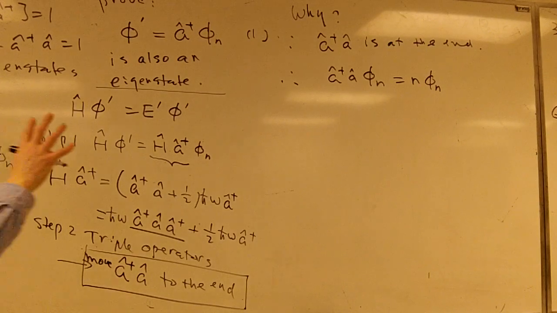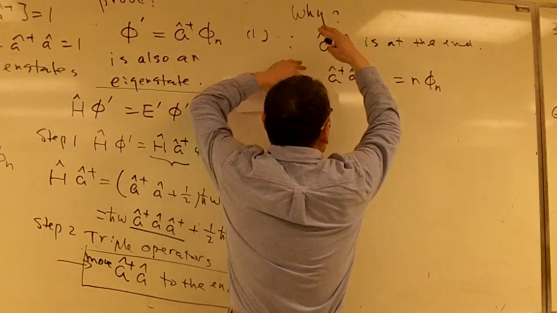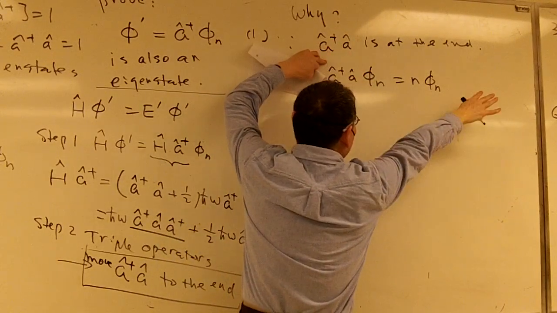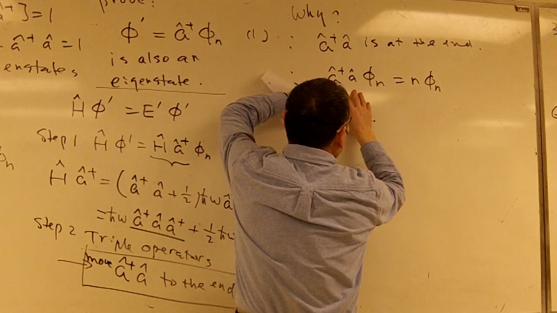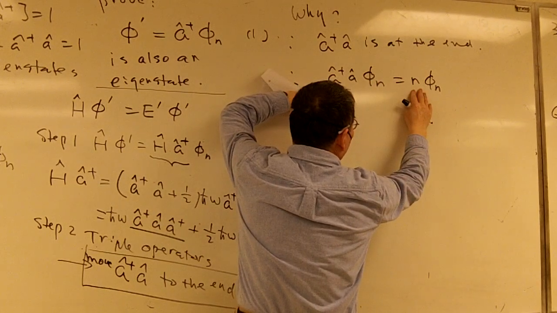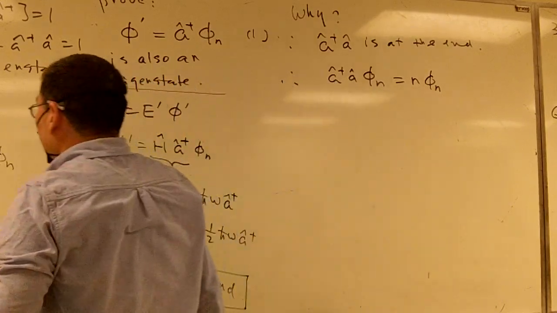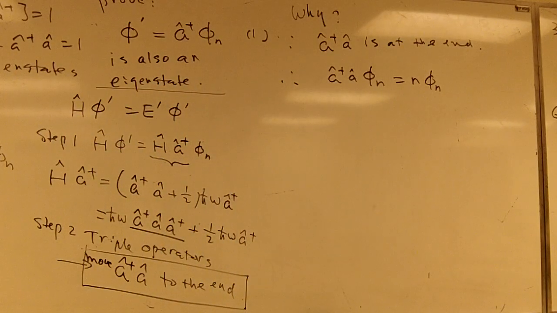Once I move this term to the very end, I can simplify the a dagger a operator to directly become a quantum number times the wave function. So when a dagger a applies to phi sub n, it becomes n times phi sub n. That's our job. Does it make sense to all of you? We want to move this to the very end, and then you can apply it to the wave function. When you apply it to the wave function, you get a number, so then you can simplify things completely.